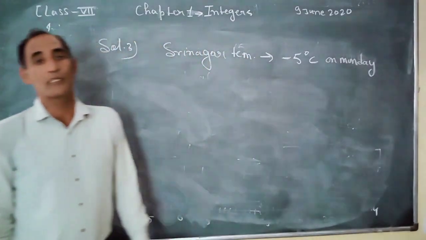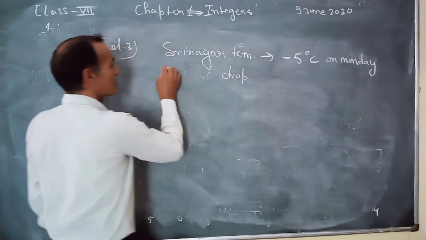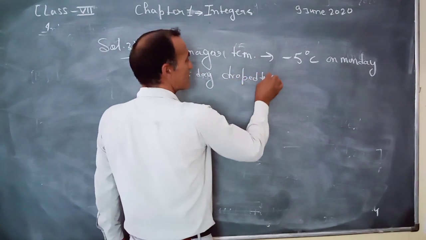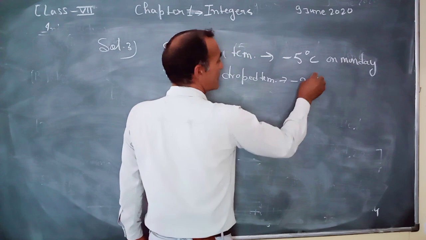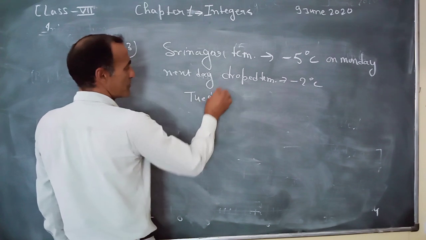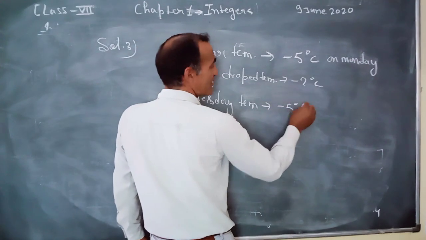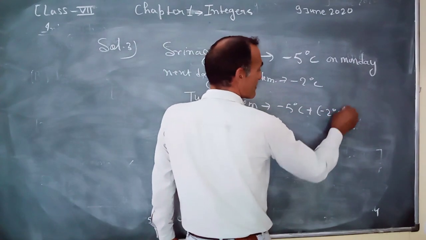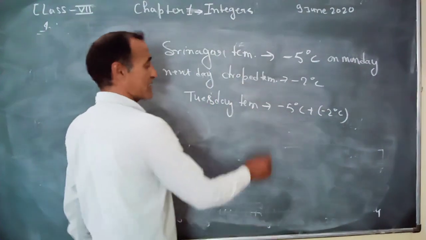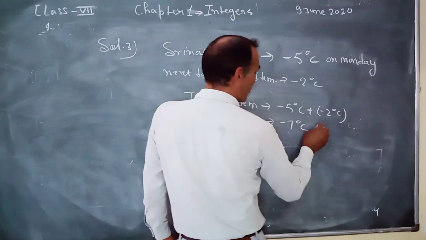But the next day, Tuesday, the temperature dropped by 2 degrees Celsius. So Tuesday temperature is -5 degrees Celsius plus -2 degrees Celsius. Both are negative numbers. We add them, but we find the answer with a minus sign. So Tuesday temperature is -7 degrees Celsius.